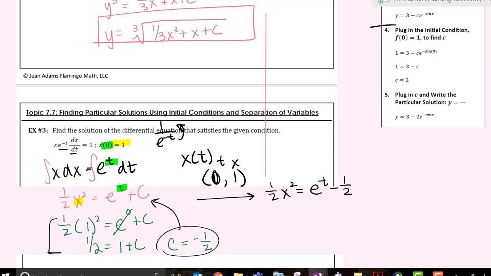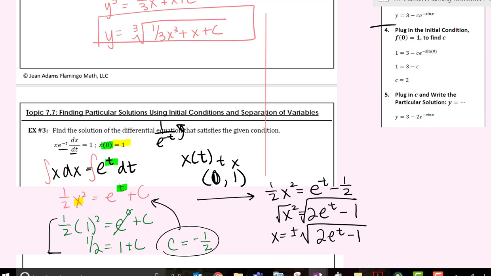We're going to multiply everything by 2, so I get x squared equals 2e to the t minus 1. And I can leave it there, or I can take the square root, and I get x equals plus or minus the square root of 2e to the t minus 1.